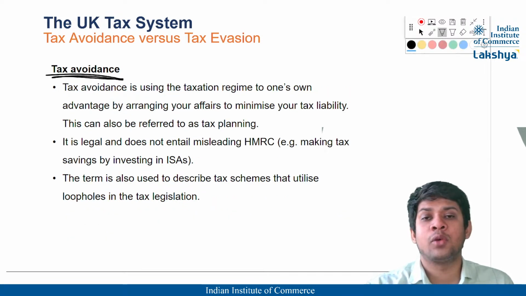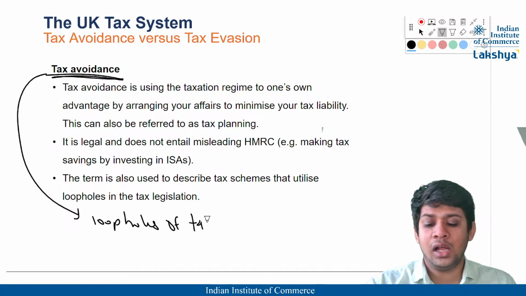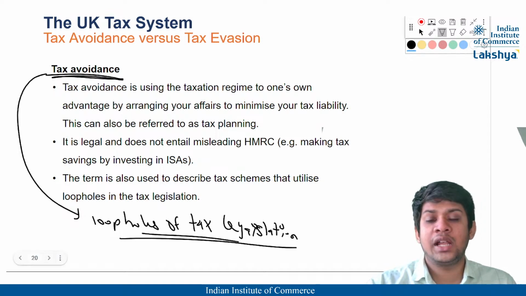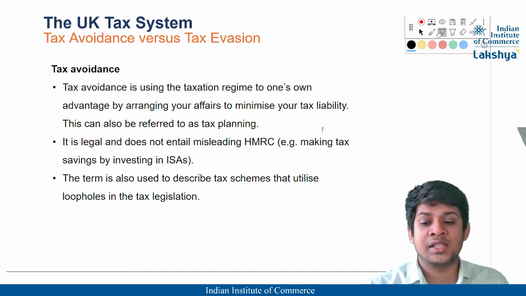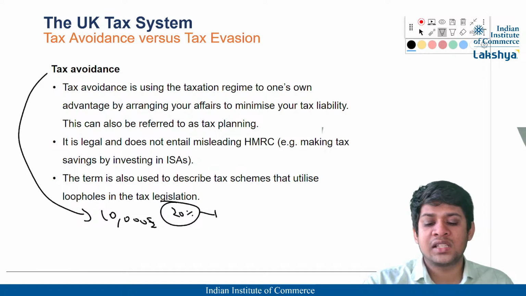Whereas on the other hand, tax avoidance is nothing but taking advantage of loopholes in the tax legislation which are available to me, and not too harshly. Okay. So maybe the tax authorities have said, okay, if your total income is £10,000, 20% of your income you can keep in your fixed deposits.